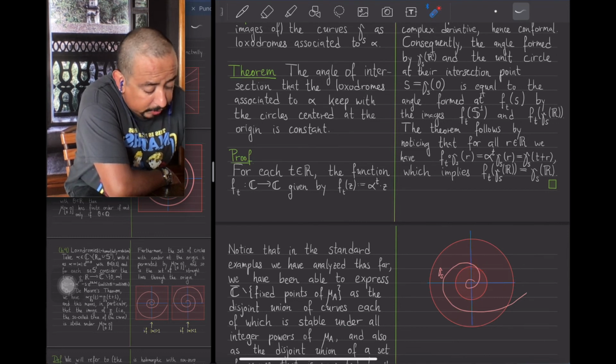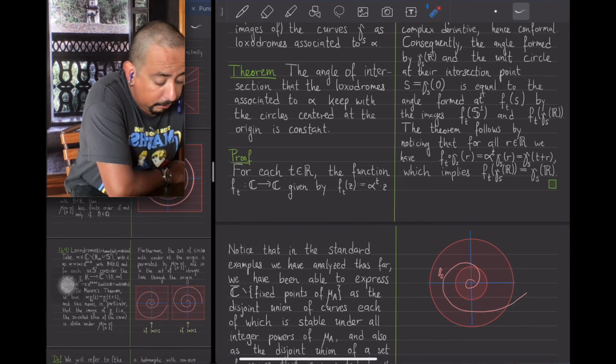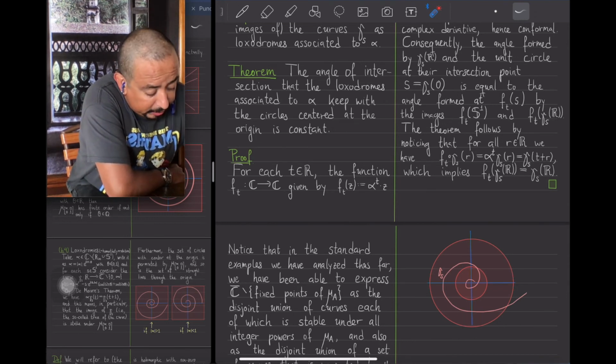And what I'm going to see is that after multiplication by alpha to the t for any real number t, the point where I land, in the image of this intersection point, the angle is again the same as the angle formed here.